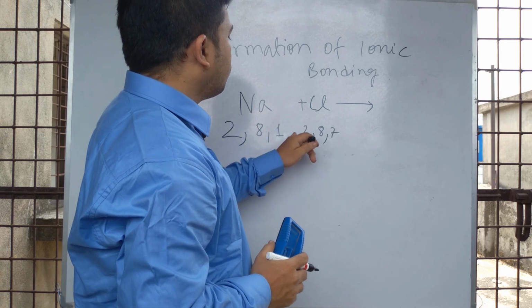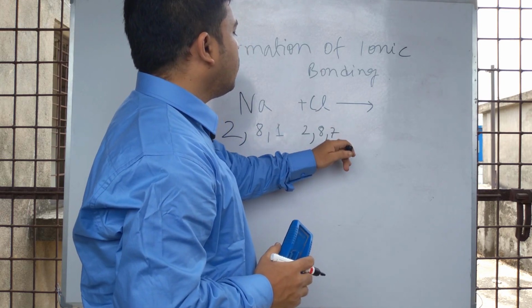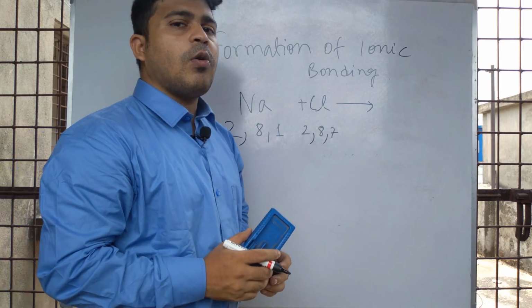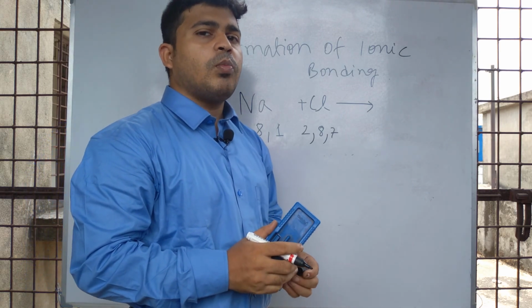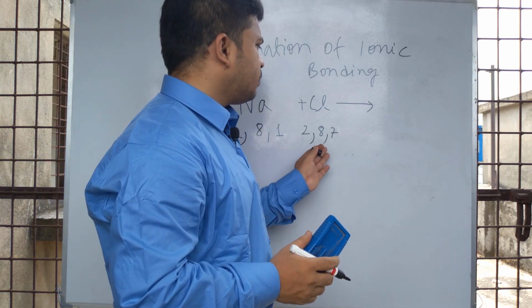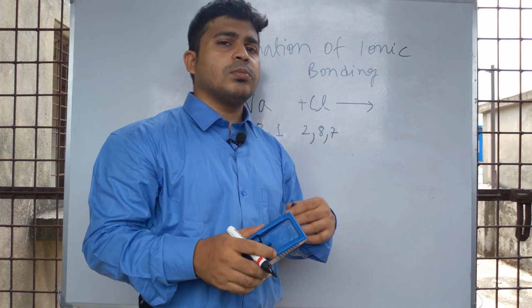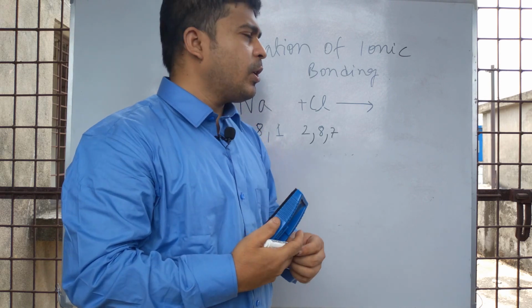And if chlorine gains this lost electron, chlorine will get the 8-electron octet configuration, according to the electronic theory of bonding, that electrons are gained and lost by an atom in order to complete the octet configuration.